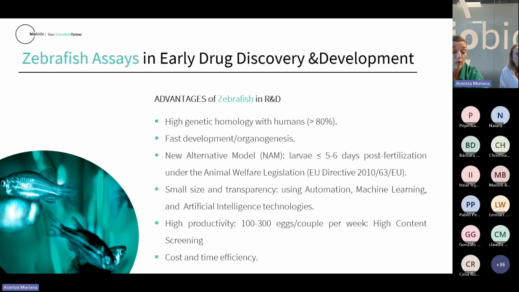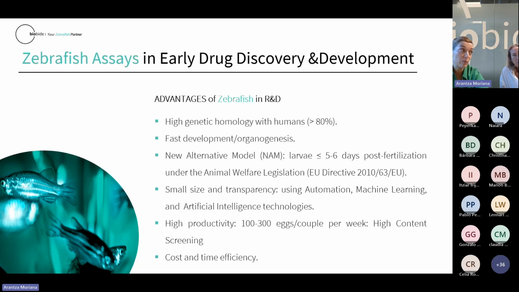And if you don't know about zebrafish, and you are now interested more and more in new alternative models: the high genetic homology with humans, more than 82% of the genes involved in human diseases are maintained in zebrafish; the fast development and organogenesis that allows us working with 2-3 days post-fertilization fish with most of the organs already developed, and they are considered animals after 5-6 days post-fertilization when they start feeding independently, based on the European Directive from 2010/63.